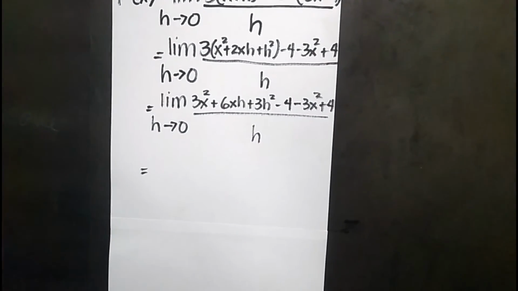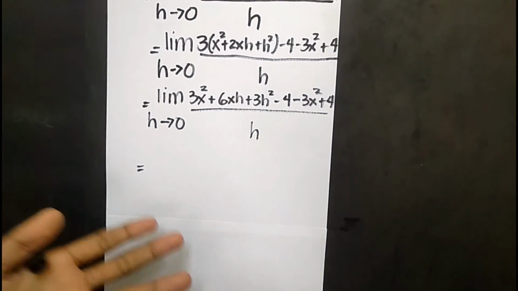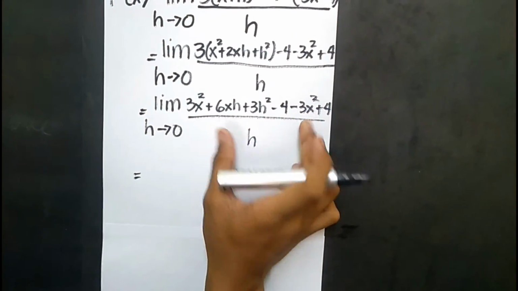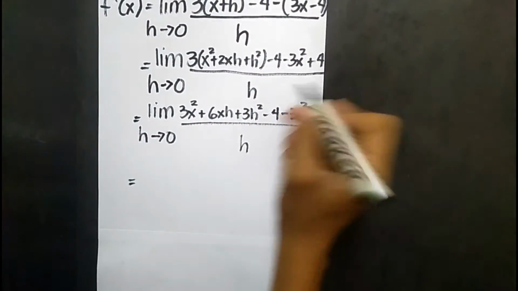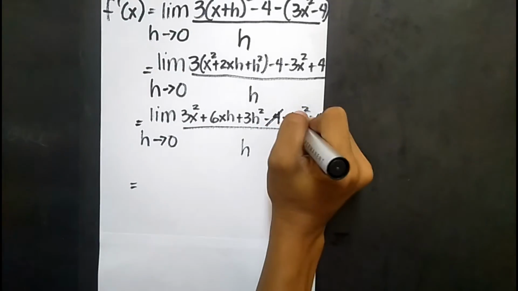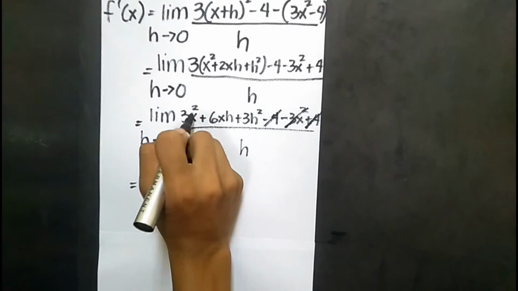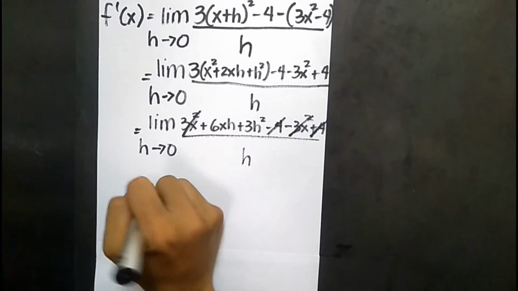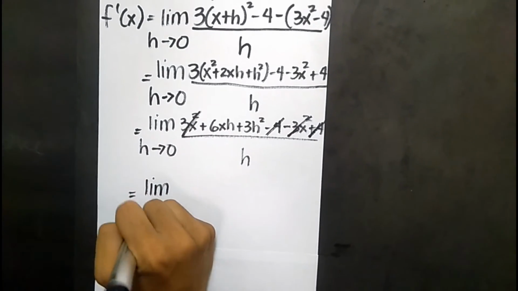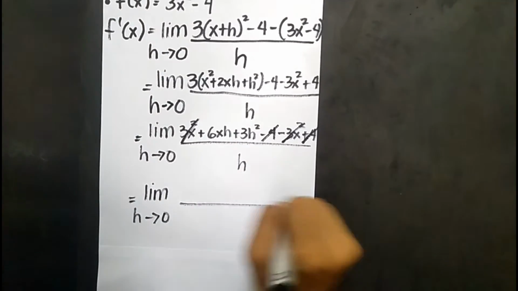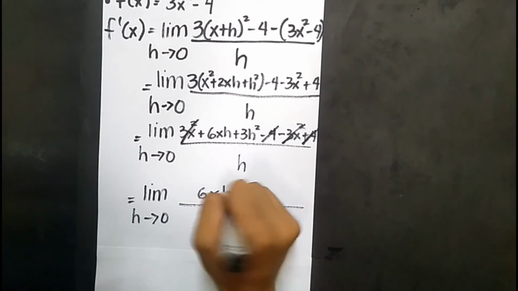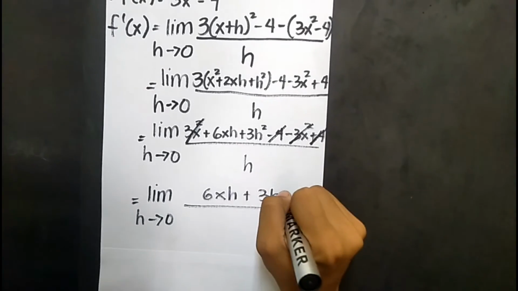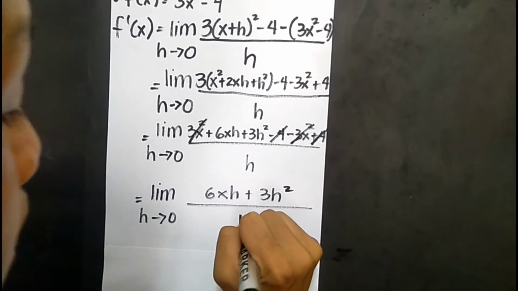Then cancel out all those with opposite signs, which are your positive 4 and negative 4, your negative 3x squared and your positive 3x squared. So the limit as h approaches 0 is equal to 6xh plus 3h squared all over h.